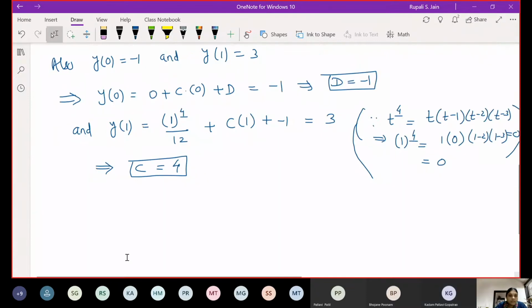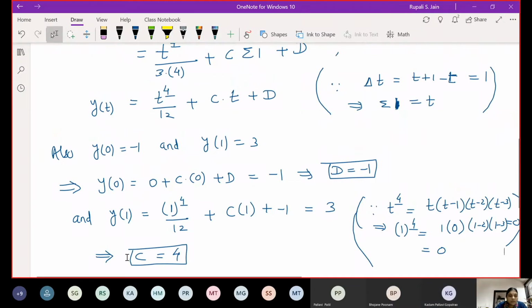Okay. So this we can write here, which is my general solution. This is called the general solution. General solution means if it is second order, it will contain two arbitrary constants. If it is a third order difference equation, the general solution will contain three arbitrary constants and so on.